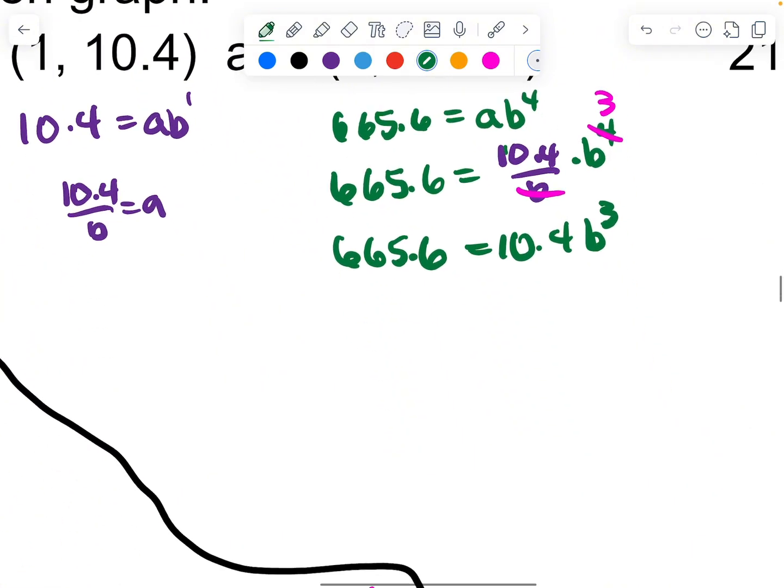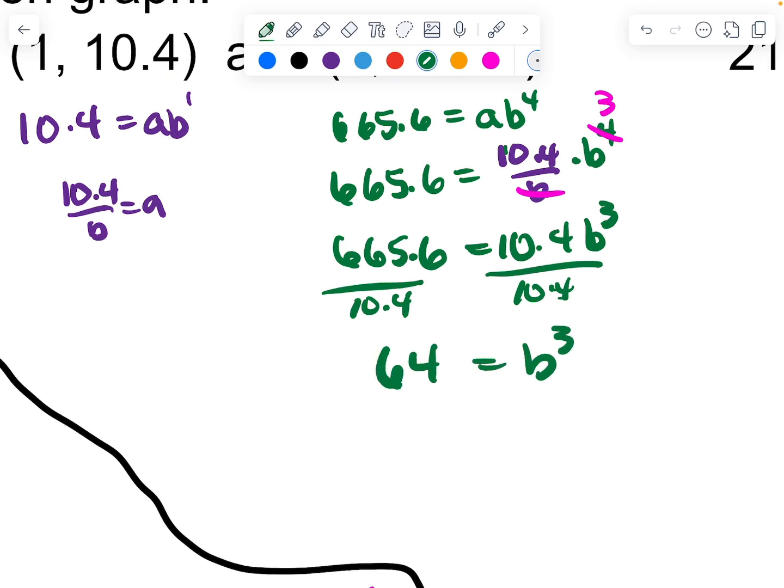I'm going to divide both sides by 10.4. So 665.6 divided by 10.4, and I'm going to get 64 equals b to the third. So 4 to the third power is 64, so b is 4.